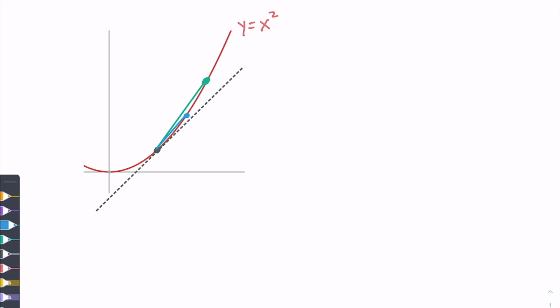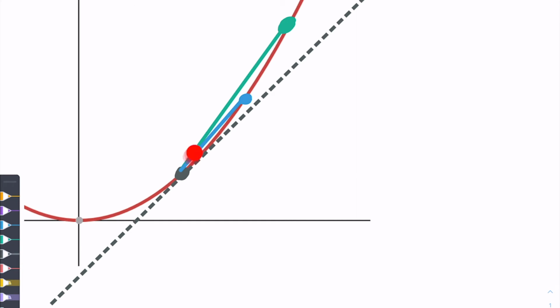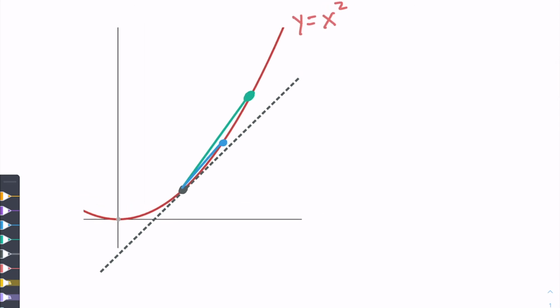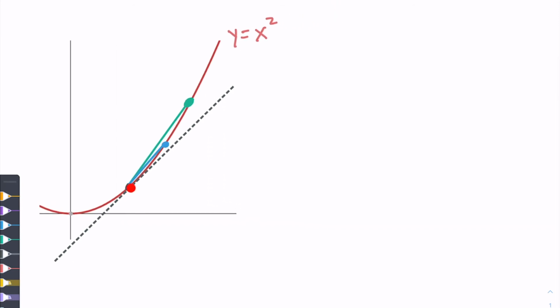Now we look at this one. This is getting better, getting closer, but this is still just a little bit steeper. And the idea is, as you keep doing this, getting closer and closer, you get a better and better approximation of the slope at this specific spot, but you're not actually finding it until you can get right to this point right here.